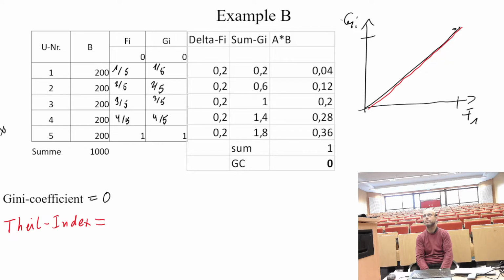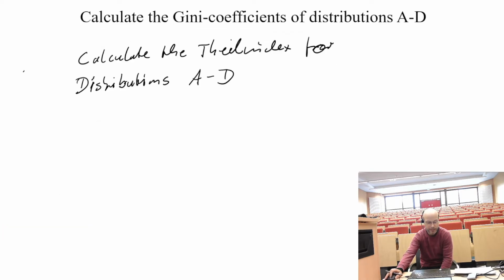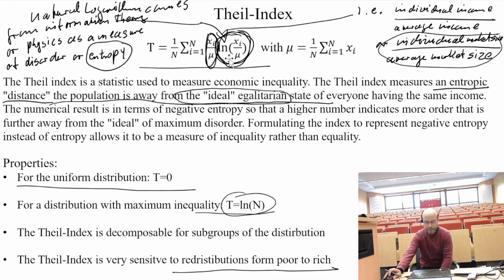Well, again, this is the uniform distribution. And if we go back in our definition of the Theil index, then of course we have ln of xi over mu, and by the uniform distribution, what is the average size of our firm?